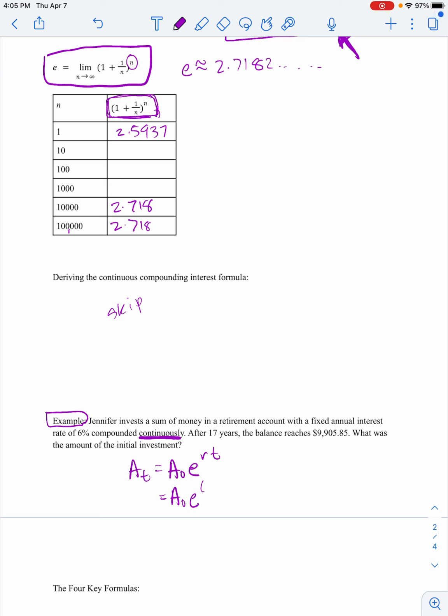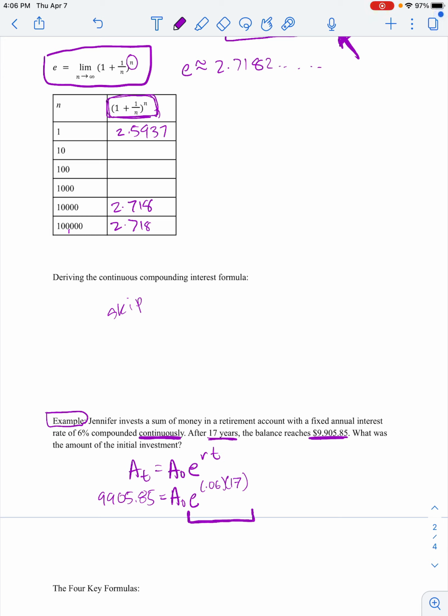We know that R is 0.06. We want to know what it is after 17 years, so we're going to use 17 here. And then we know that after 17 years it reaches this point, so we're going to plug that in for A of T. And then we're going to use our calculators to solve for A0.